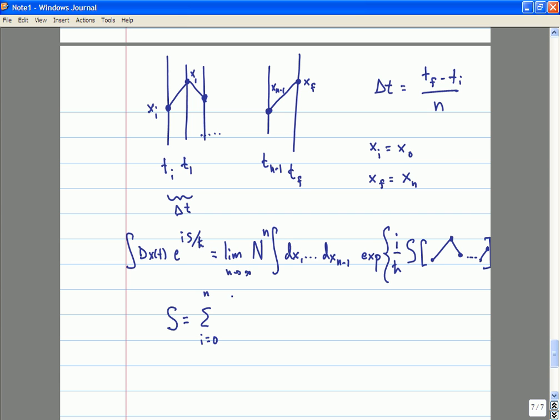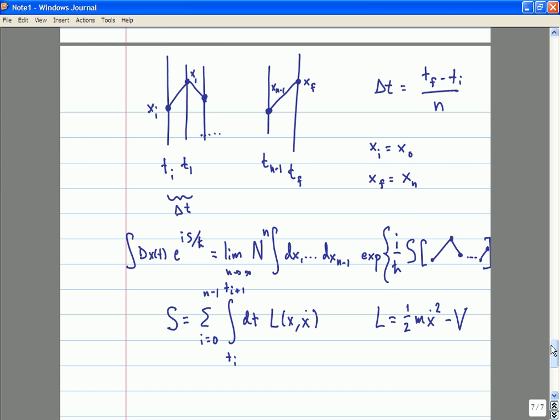So I'll think about the sum from t_i to t_(i+1), and then sum i going from 0, I suppose, to n minus 1, of the Lagrangian. And we're considering simple particle mechanics in one dimension, where the Lagrangian is 1/2 m x dot squared minus V.